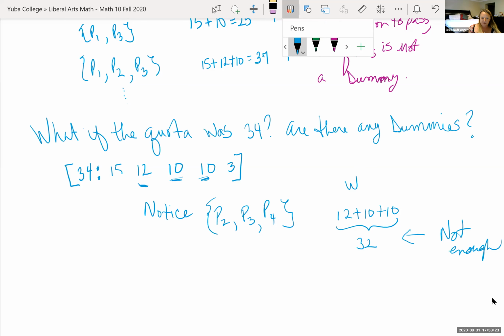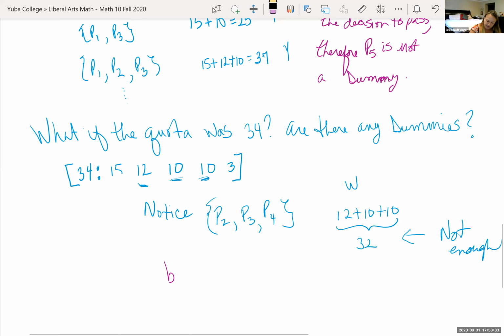But then if we add that last player in there, they will tip us over the edge. Add in player 5, and then it's a winning coalition.